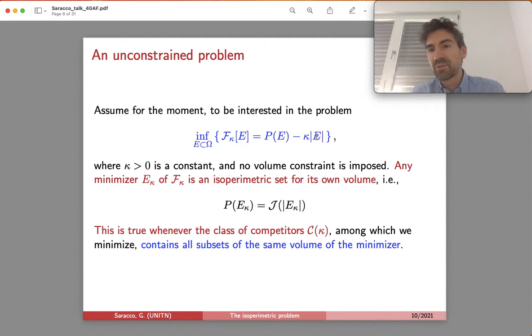Because you can again use the same argument. Take a minimizer E, the class contains all subsets of omega that have the same volume as this minimizer. Well, then, when you restrict yourself to this smaller class, the second term here is constant, so you're actually minimizing the perimeter with a volume constraint. And so you're an isoperimetric set, okay? Actually, the set is minimizing something more general with more competitors, but it's good to know. It's some sort of easy, silly corollary, okay?